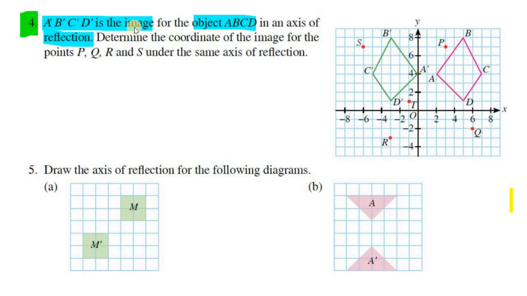So what we need to find is the image for P, Q, R, and S under the same reflection. Before we start to find the image, the first thing we need to identify is the axis of reflection. What is the axis of reflection for the image and object A, B, C, D, the green color and red color?